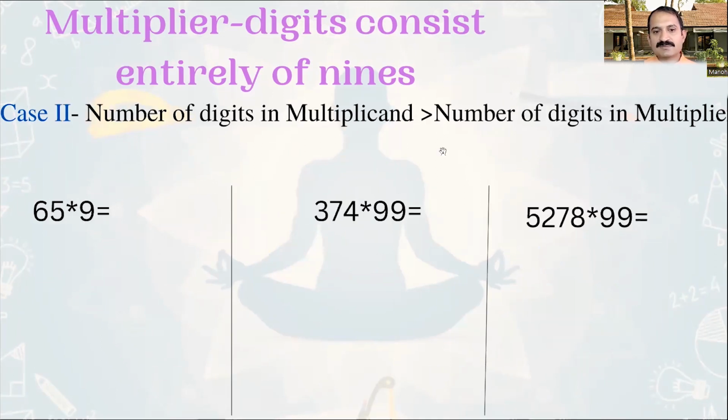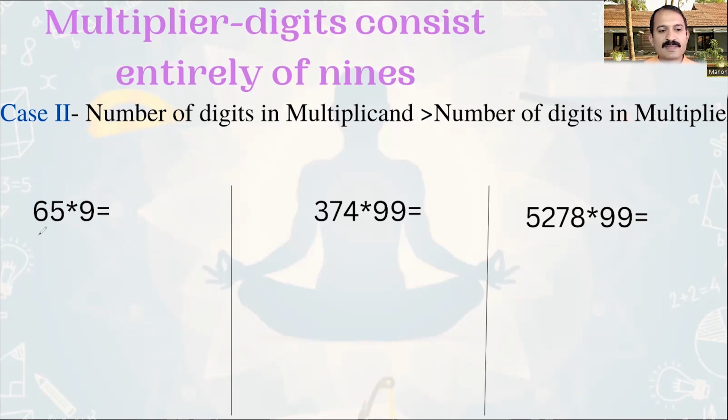The next case is when the number of digits in the multiplicand is greater than the number of digits in the multiplier. So what will you do in that case? Even though this is multiplication, we are not actually going to do multiplication. We are going to do subtraction, right? You may be surprised what I am talking about.